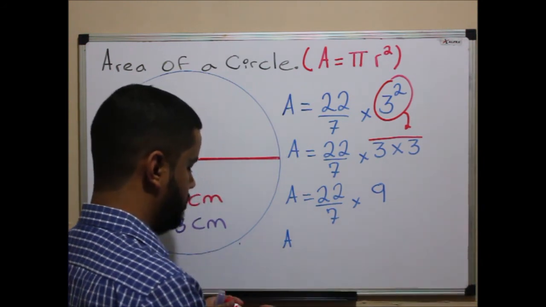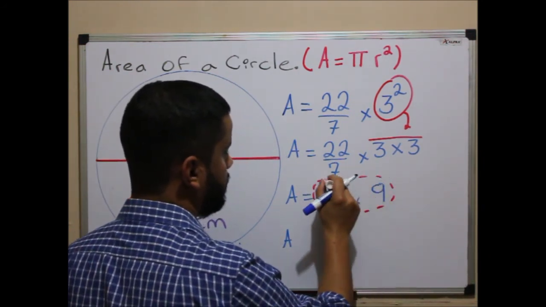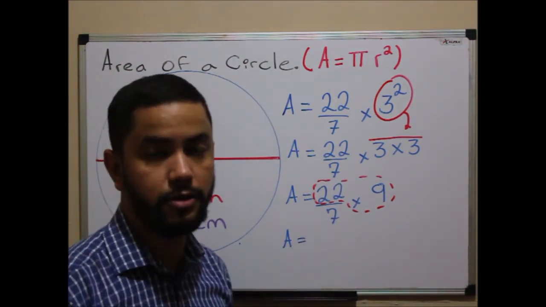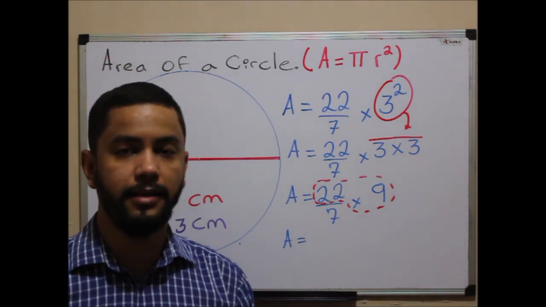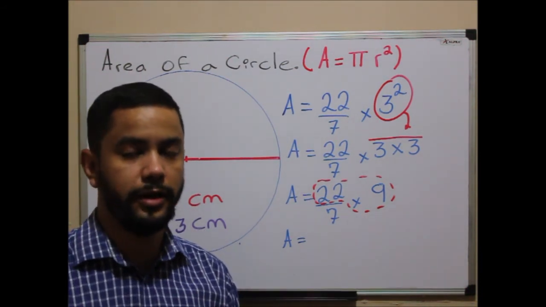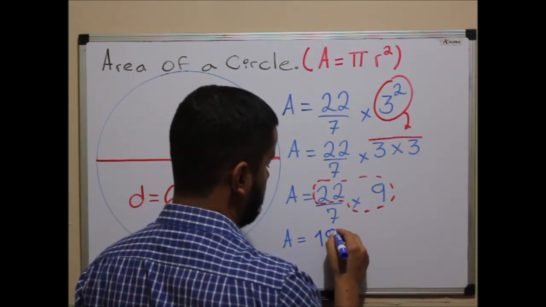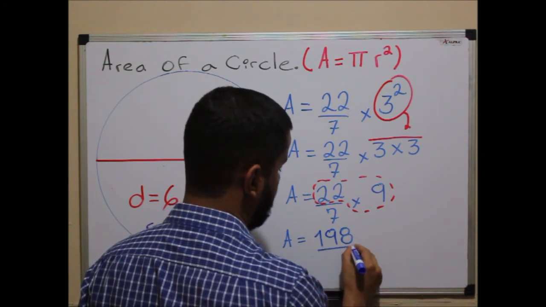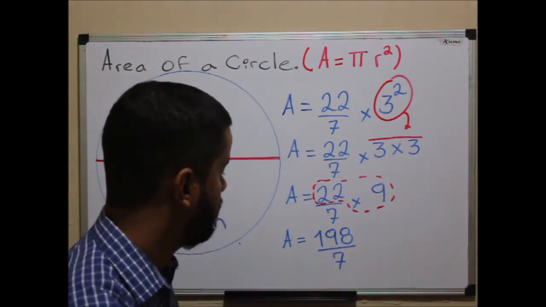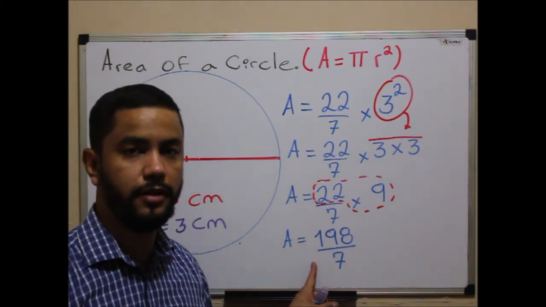Now we're going to multiply just the numerator by the 9. So 22 times 9 is equal to, you can do that with a calculator, 198. So we're going to write here 198 divided by 7. Can you divide that, just to prove it?